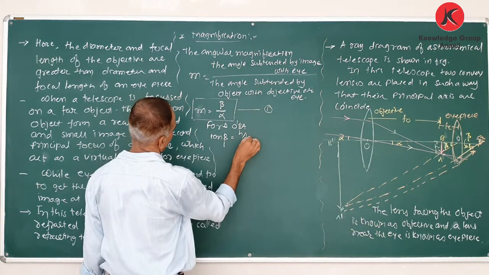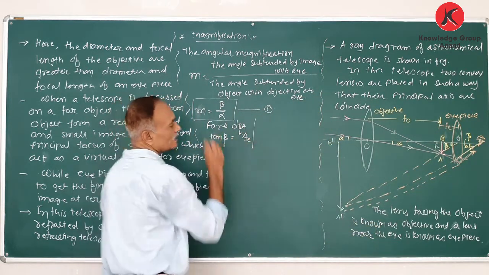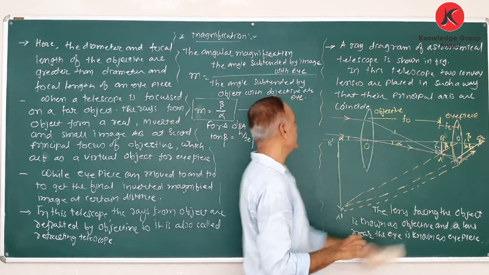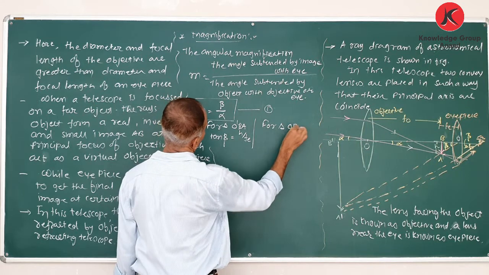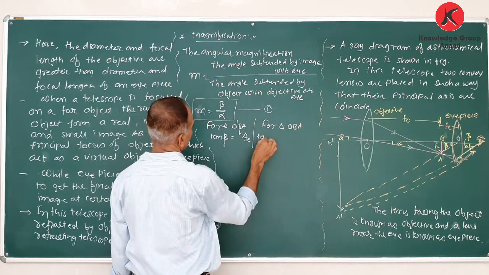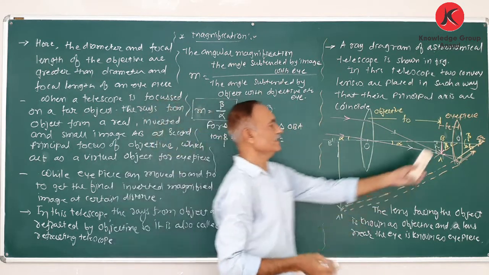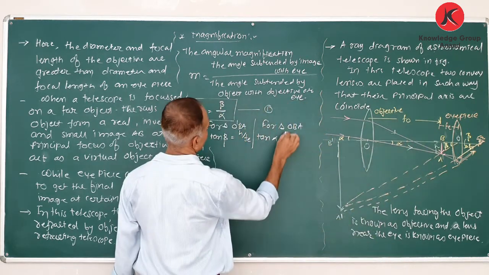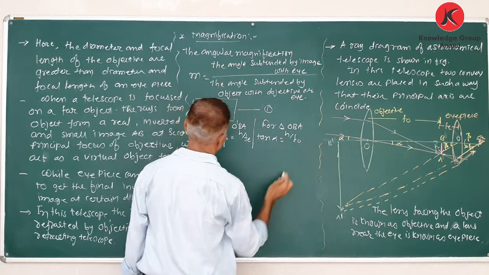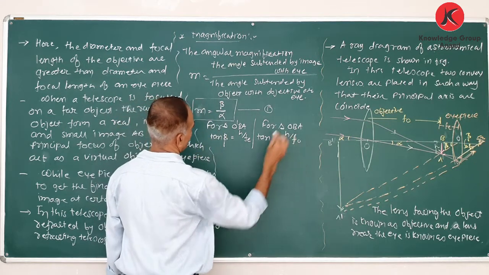And for triangle OBA, tan alpha is H upon OB, that means H upon Fo.